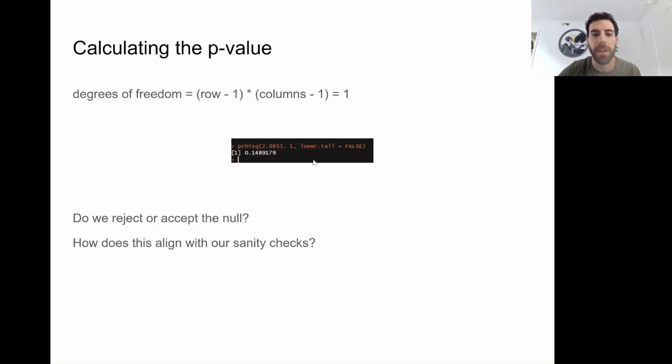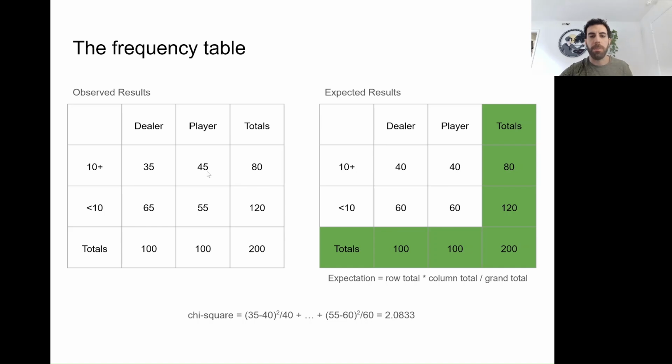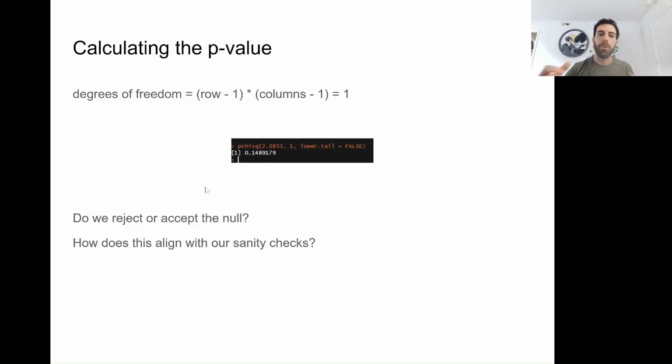But you do have some evidence, right? The way you interpret this p-value is the probability of getting this data, or more extreme, being like 46 and 34, 47 and 33, so forth and so on, is about 15%. So you can still use the p-value to sanity check what you found in EDA, but it's not always going to be as clear cut as, well, EDA has some indication, so I'm going to reject, right?